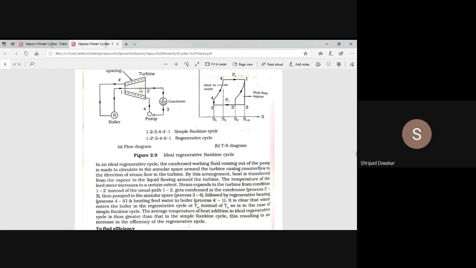Instead of supplying cold water directly from the pump to the boiler, it is first preheated, so the quantity of heat required in the boiler to convert it into steam is less. That is the main reason. That is called regeneration, the preheating of water before entering the boiler.